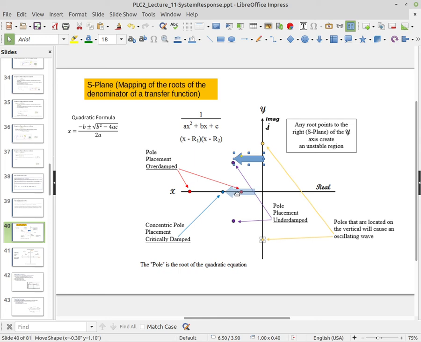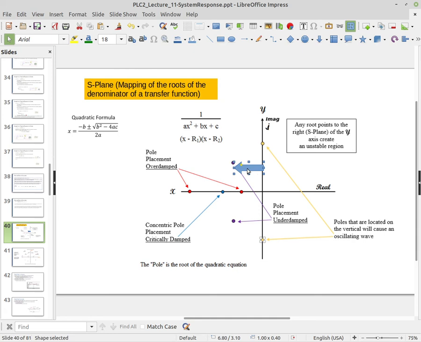If your damping coefficient is exactly 1, then you're going to have 2 poles that are real, but they're going to be exactly equal, and that'll be a critically damped system. If, on the other hand, your damping coefficient is less than 1, you're going to get an imaginary component in your poles, and that imaginary component is what's going to give you that oscillation.